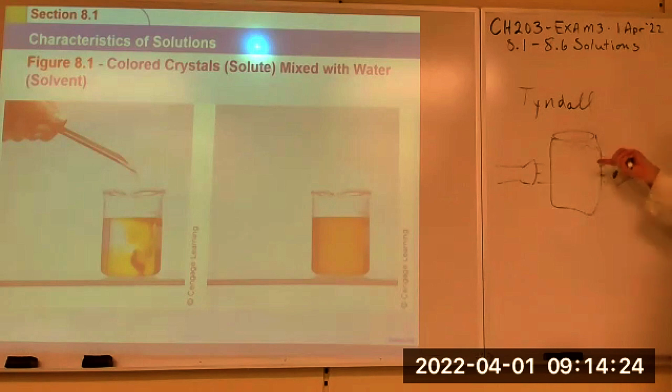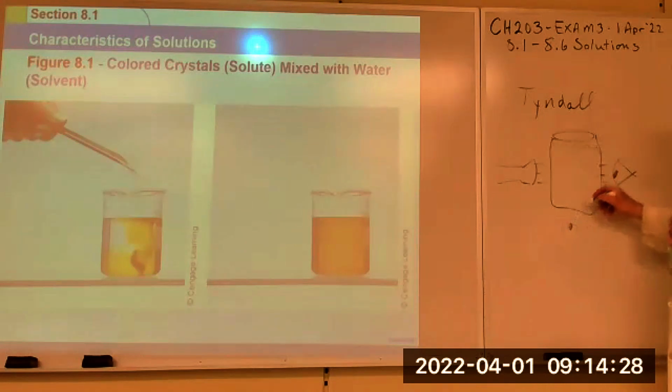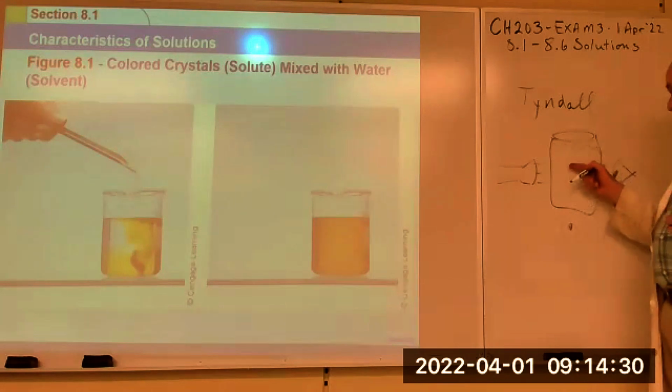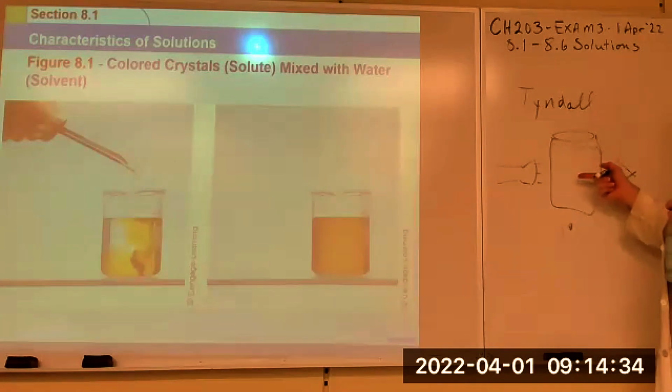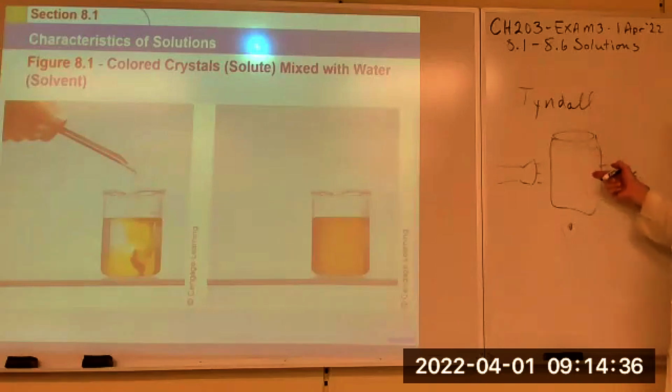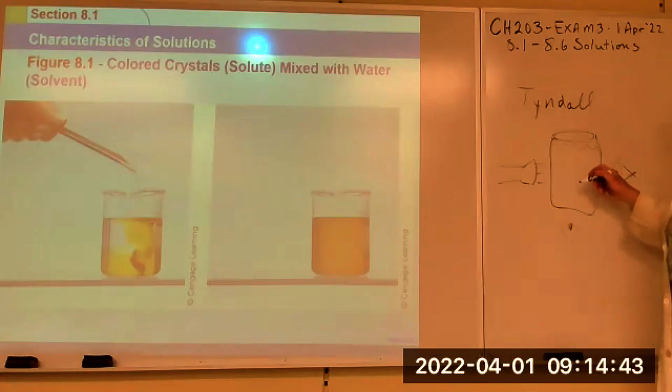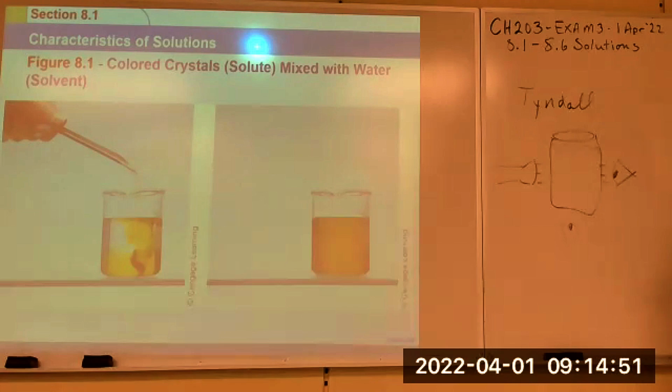But if you look from this side, if it's a solution, you won't see anything in here. There's no diffraction of light off the particles. If it's a suspension, you will be able to see the beam of light going through the mixture. That's not a solution. Okay?